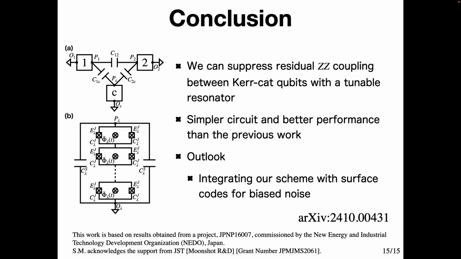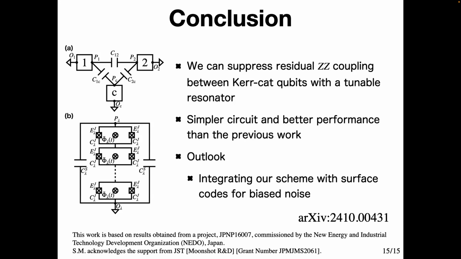So in conclusion, we proposed a coupling scheme to control the ZZ coupling between Kerr-cat qubits using a single tunable resonator. And we can suppress residual ZZ coupling between Kerr-cat qubits, as we saw in numerical calculations.